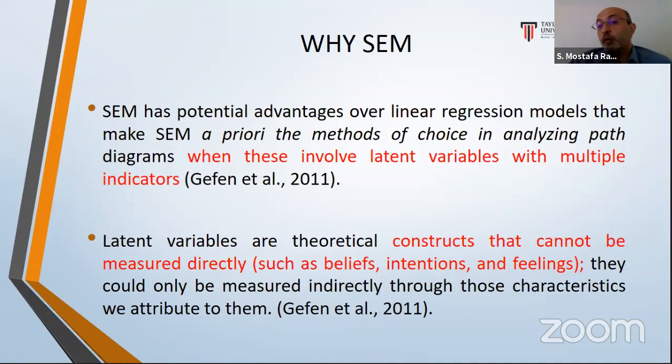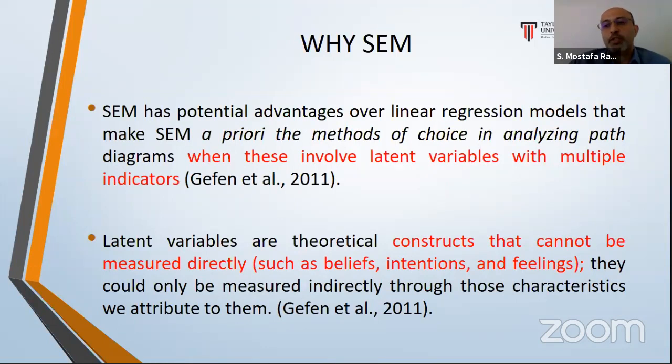This means if we measure one variable with some items, we need to calculate the score of these items and get the score of the latent variable. So we create a new variable and work with this new variable, the latent variable score, in our analysis, for example, in multiple regression in the first generation of analysis.